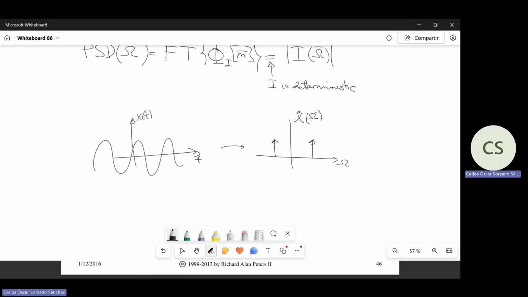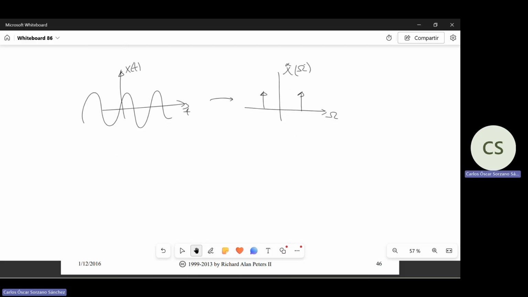Now, for instance, what if my signal is a delta? How is my Fourier transform?